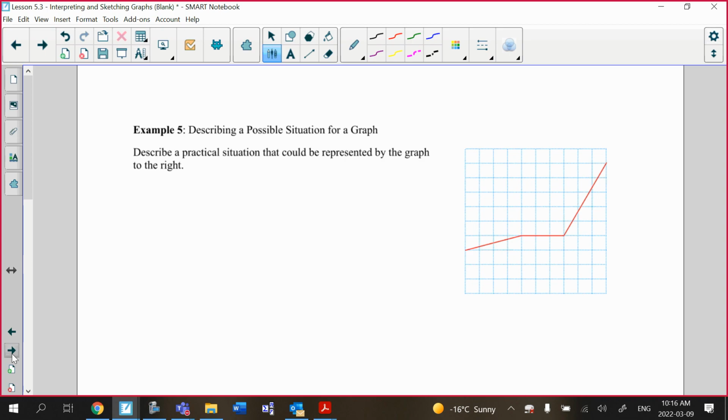Okay. Then what happens? It rises. So this is going to be your height. So the plane is at a certain height, and then after a certain amount of time, it climbs to another altitude, stays at that altitude, and then goes up and out of the atmosphere. Sure. Yeah, space plane. Yeah, that'll work. Okay. There's really no wrong answer here.